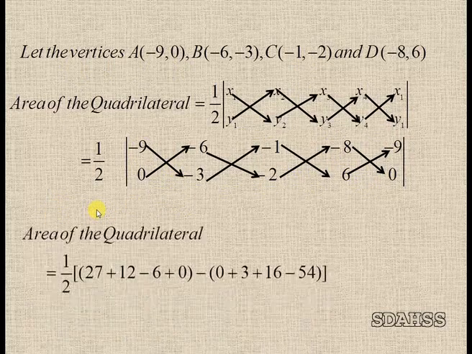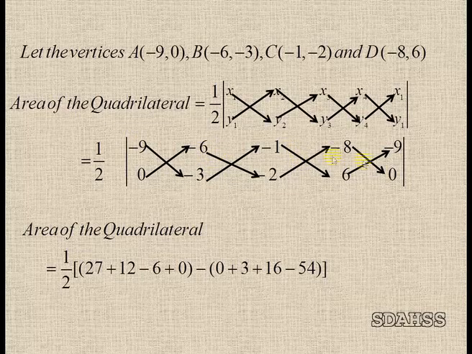Then multiply, half into cross multiply up to down: minus into minus plus, 9 3s are 27; minus into minus plus, 6 2s are 12; minus 1 into 6 is minus 6; minus 8 into 0 is 0. Then you put a minus sign, and in this direction you multiply: 0 into 6 is 0; minus into minus plus, 3 into 1 is 3; minus into minus plus, 2 8s are 16; 6 into minus 9 is minus 54.